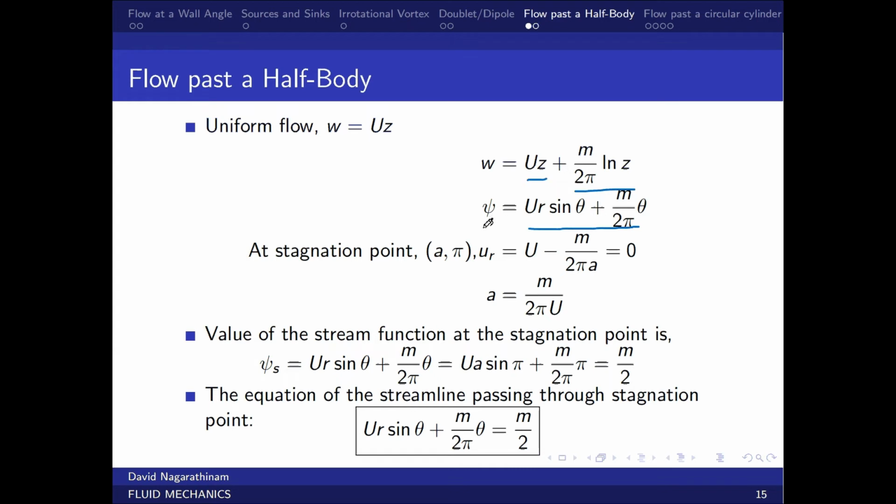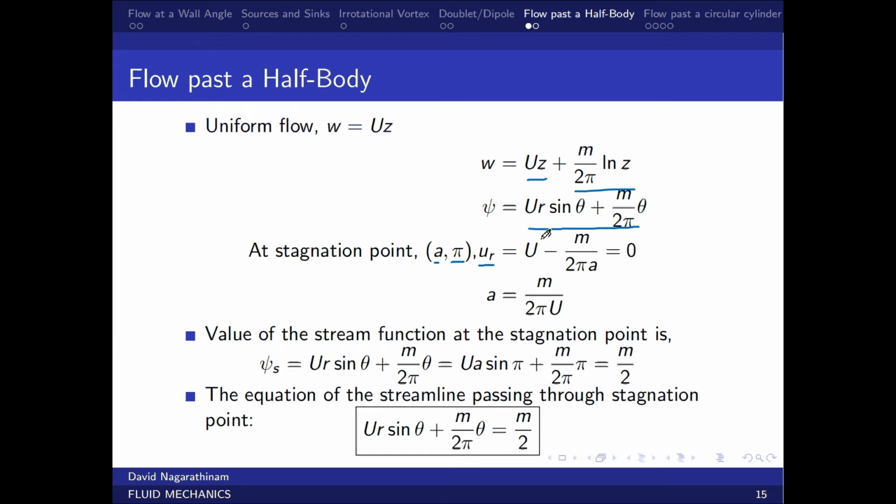Now, the stagnation point is observed at a distance, say a, from the origin and positioned at the azimuthal location of theta being equal to pi. Under such a scenario, ur is essentially going to be represented by dou psi by dou theta being equal to 0.